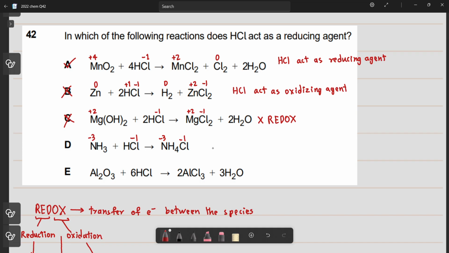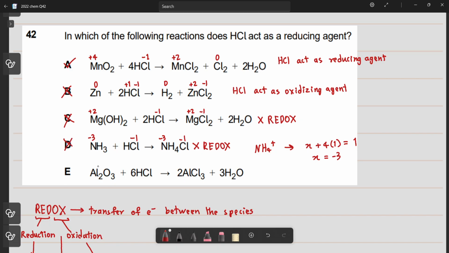If you take NH4+, I consider nitrogen as x, plus 4 for the hydrogens, which carry positive charge, equal to +1. Moving the 4 to the other side, x is going to be -3, and that's why the oxidation state remains the same. So this is also not a redox reaction.